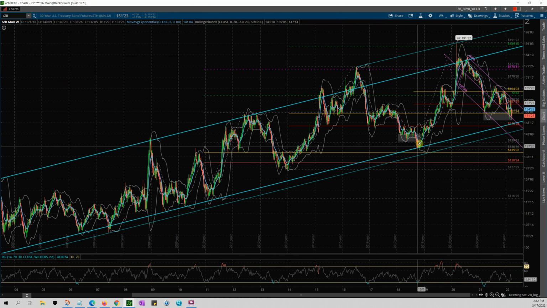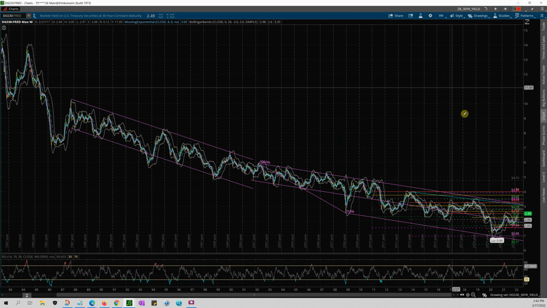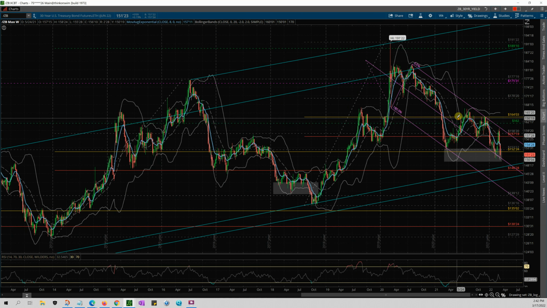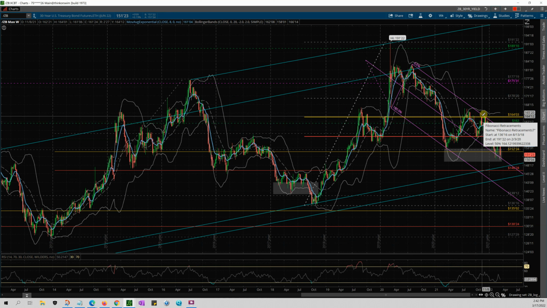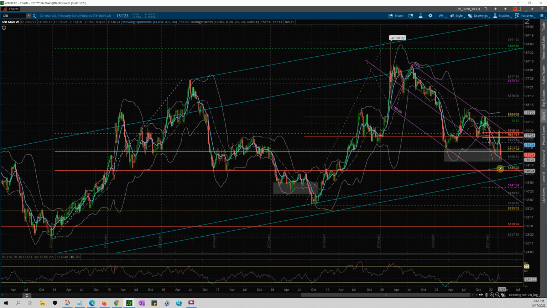So if history wants to repeat, if this long from lows wants to capture its target right here, then what that would look like on ZB is dropping below this stealth zone, and maybe I took that off, capturing the target of this measured move, which would be around 147.